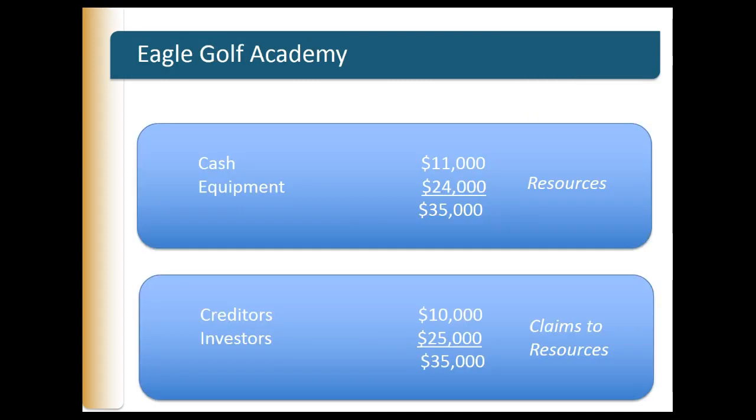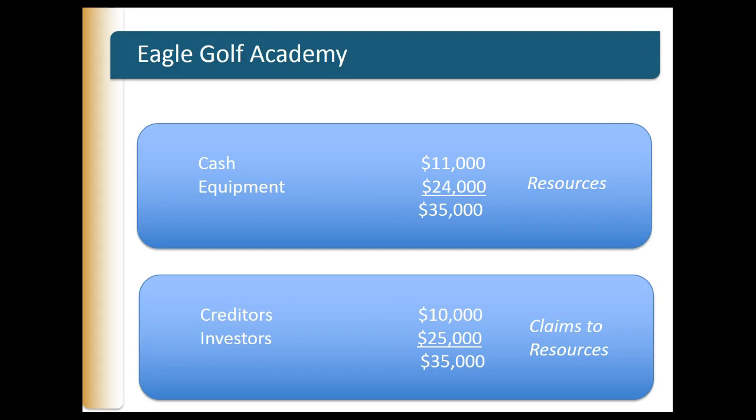So as you see, in the Eagle Golf Academy's resources, there's cash of 11. Remember, he started with 35, but he's got 11 left over of cash, and he has equipment of 24,000. And then how these resources came about was through a loan at the bank of 10,000 and through the shareholders or the investors of 25,000.